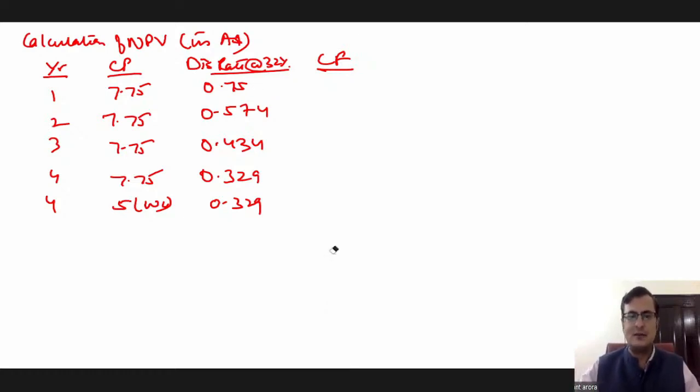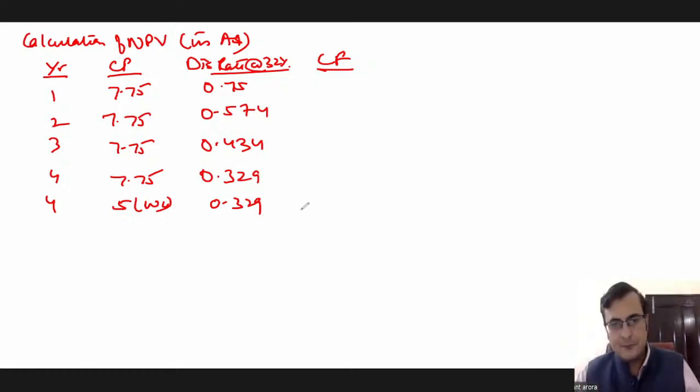So this is the figure that we have got after dividing. So 7.75 into 0.757, 7.75 into 0.574, 7.75 into 0.434, 7.75 into 0.329, and 5 into 0.329. Okay, yeah, now I'm getting it.